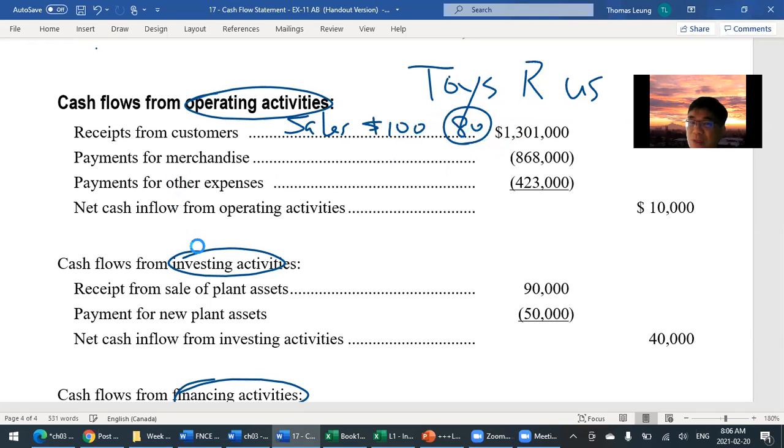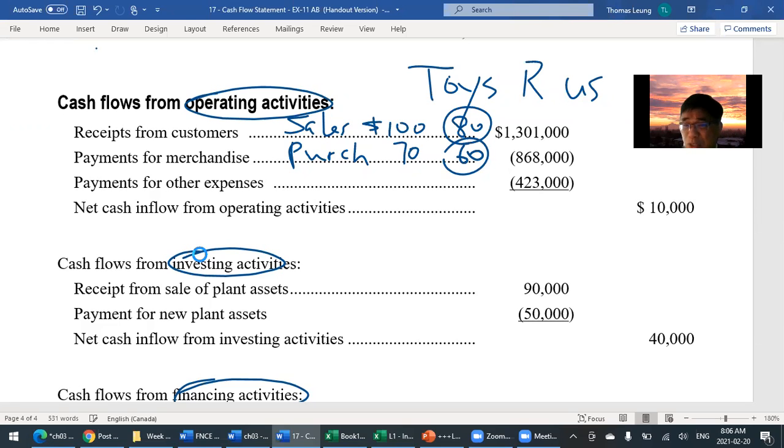Now, same for payments. You buy those products, say $70. You have $70 of purchases, but how much money did you pay? You might have paid just $60. Once again, it's because you owe them money.